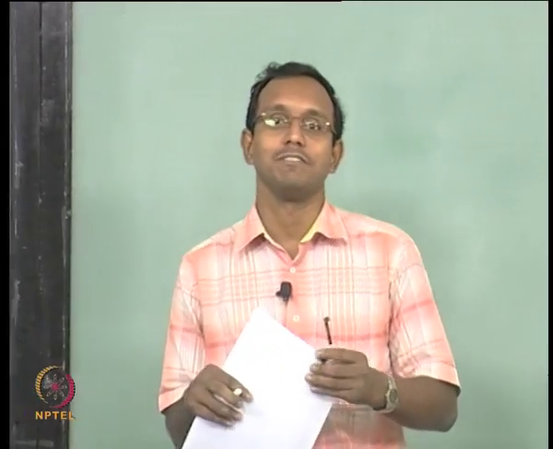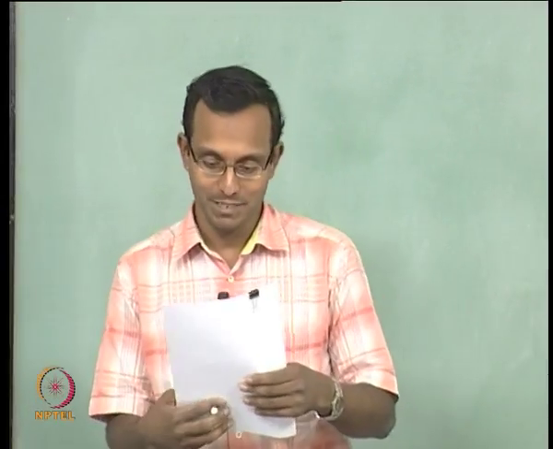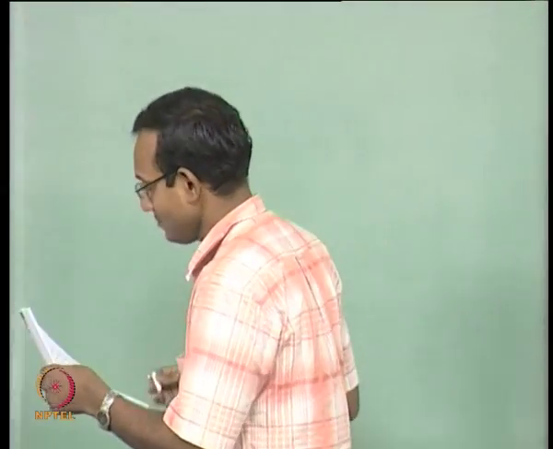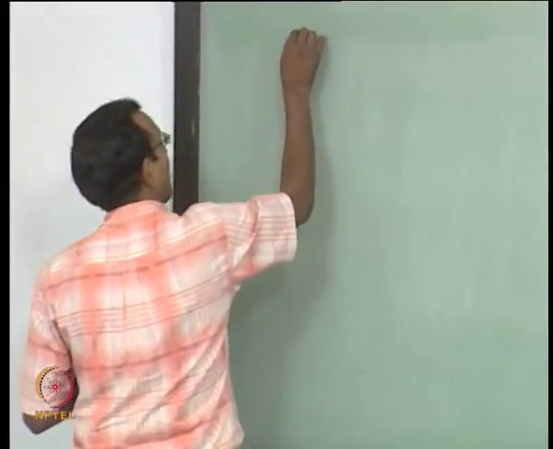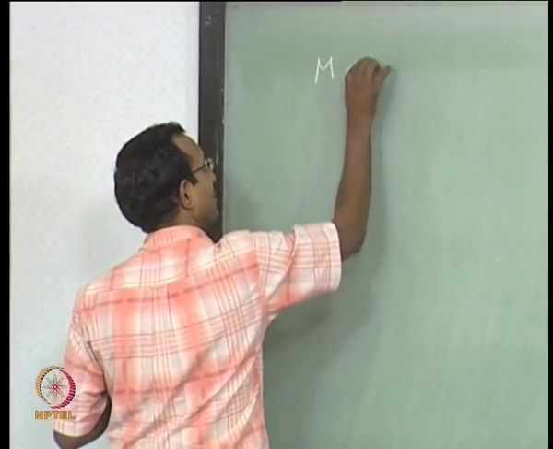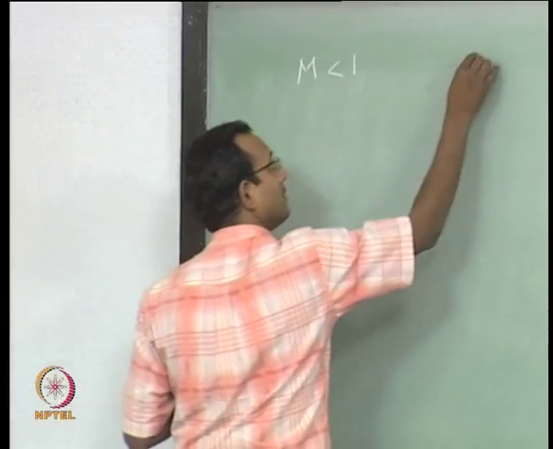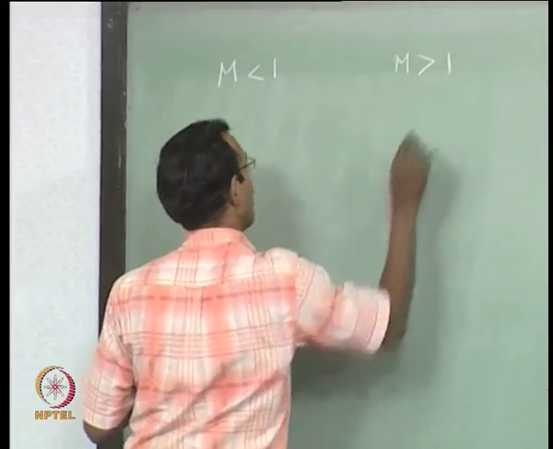What was the question I asked last time? Oh, I am going to discuss that question which I left you at last time. I most likely asked this: M less than 1, M greater than 1.